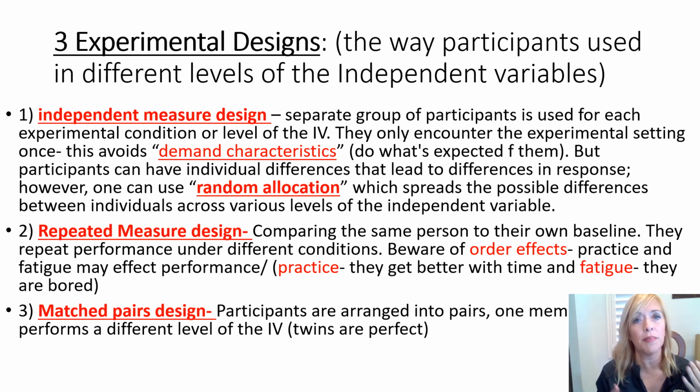Like when someone does something over and over again, they might actually feel fatigued, or they might get better, which is like having practice at it, which also wouldn't be fair if you're trying to measure that dependent variable appropriately. And then lastly, you have matched pair designs, where the participants are arranged into pairs, and you're comparing the pairs in a performance on a test, or whatever it is that you're trying to find out.